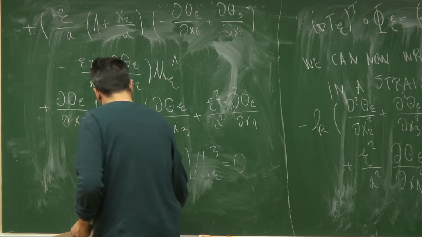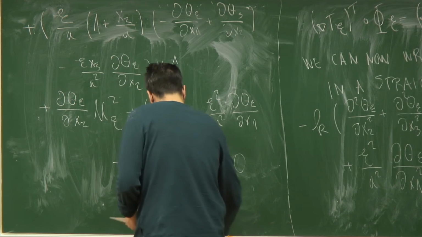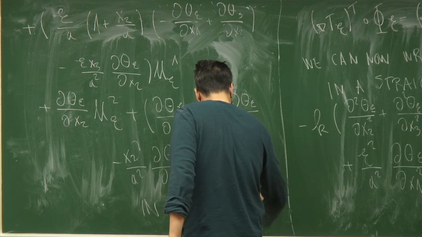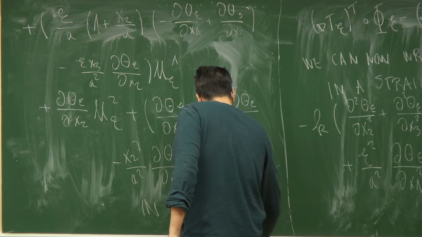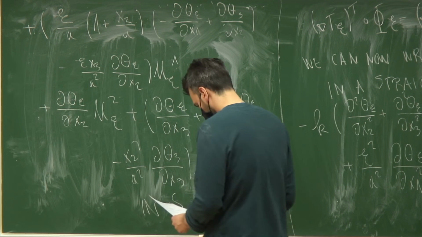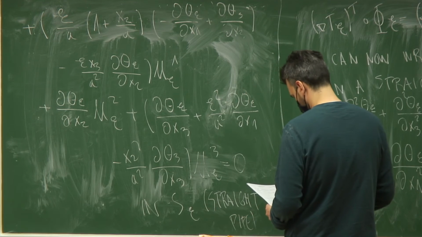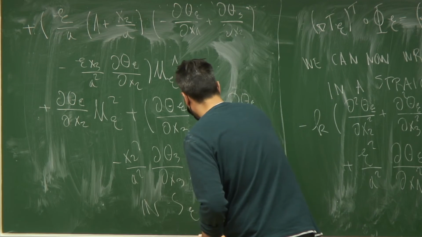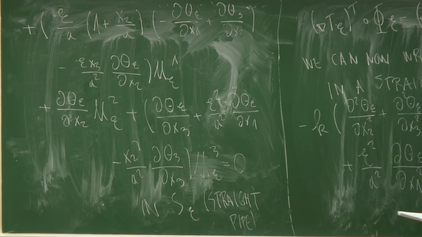So this is in S epsilon. Okay. Here we only write the terms for order epsilon squared, and we left the lower order terms.